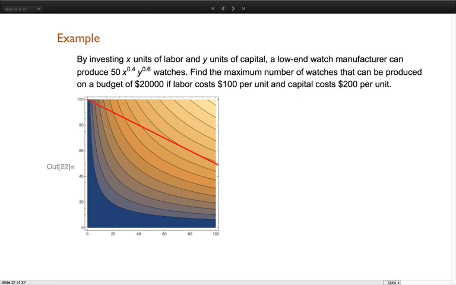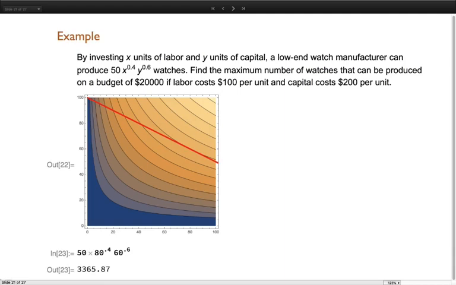And of course, the point that we're interested in happens right around here, where the gradients line up, or another way of saying it, where these curves are mutually tangent at that point. 80, 60, we'll just confirm what that value is. 50 times 80 to the power 0.4, 60 to the 0.6, indeed, around 3,300 units of low-end watches.